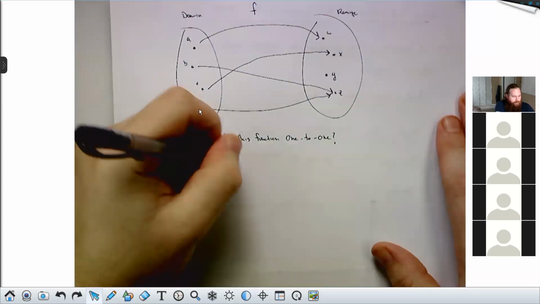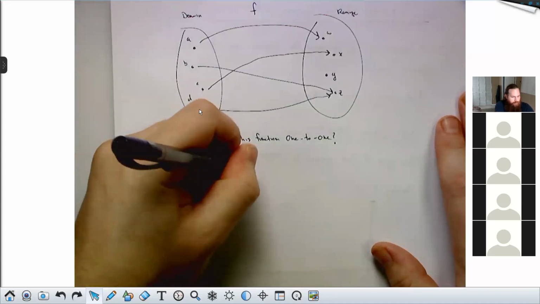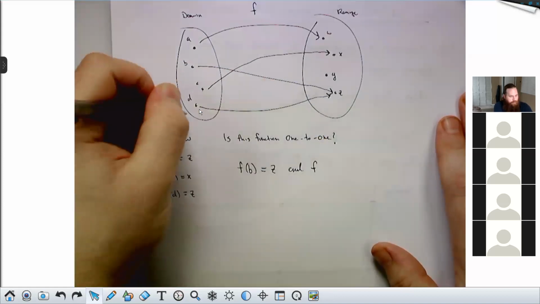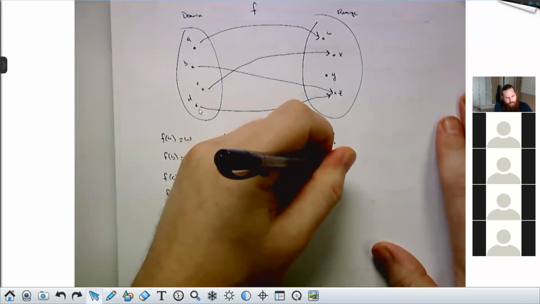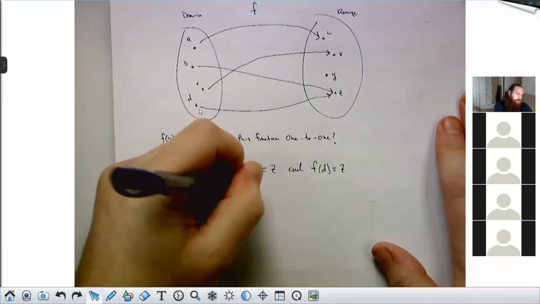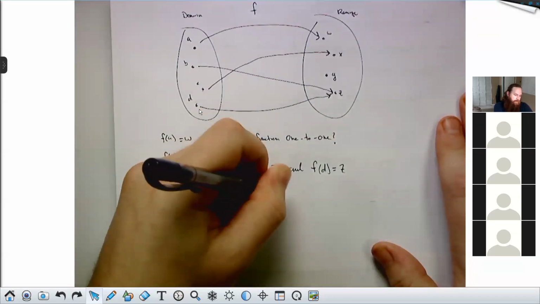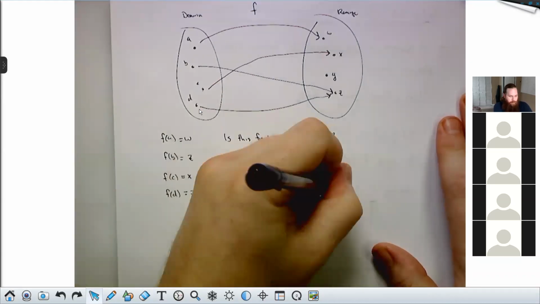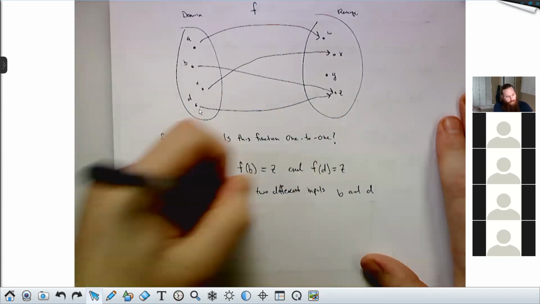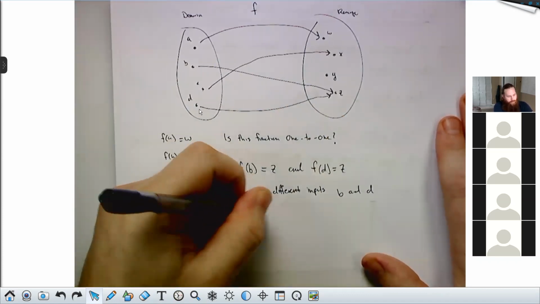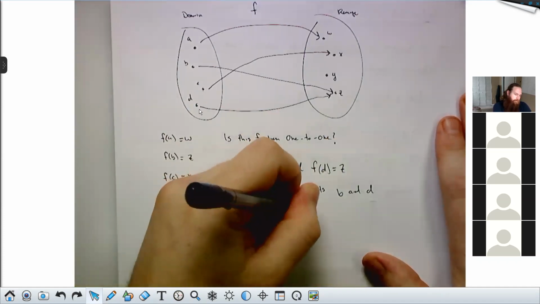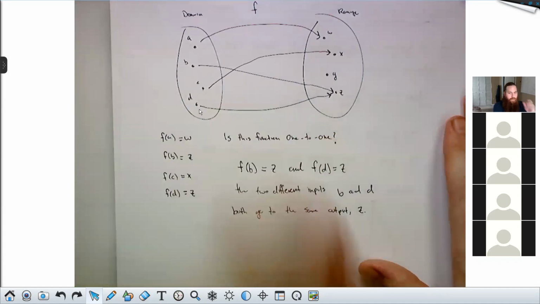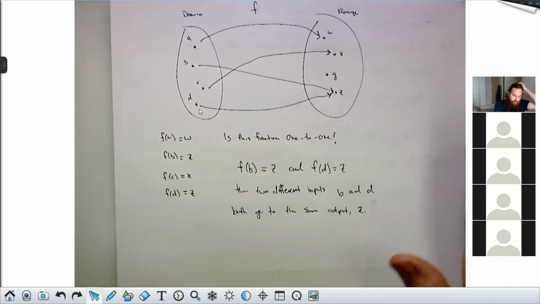Good, good, good. So F of B is equal to Z, and F of D is equal to Z. The two different inputs B and D both go to the same output, Z. So it's not one-to-one, it fails the definition.